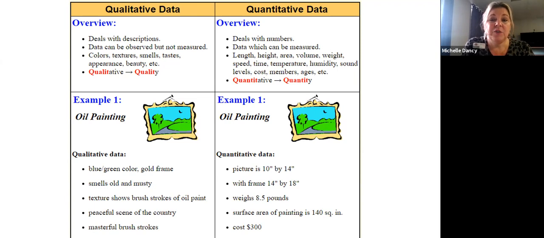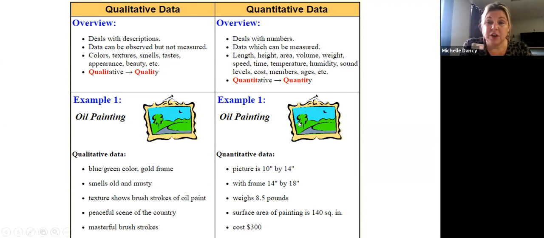Quantity. So if you look at my first example, I have a picture of an oil painting, the exact same picture, but we can pull out qualitative data and quantitative data about this same item. So qualitative data would be things like it has green paint, it has a gold frame, maybe it smells old and musty, it has a peaceful scene of the country.